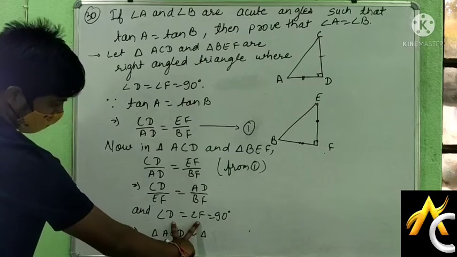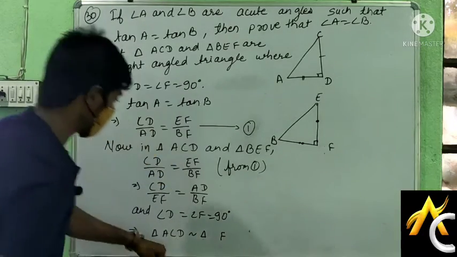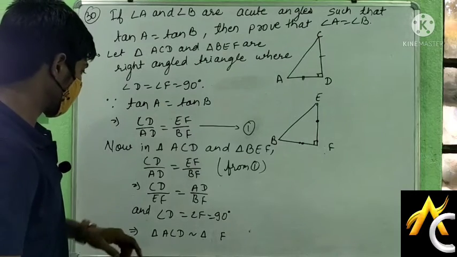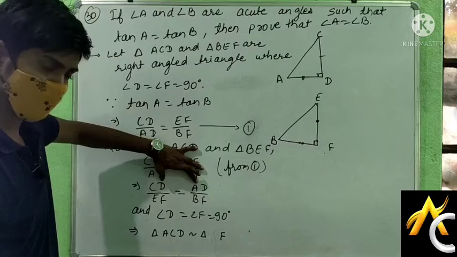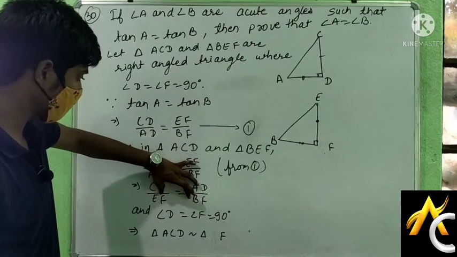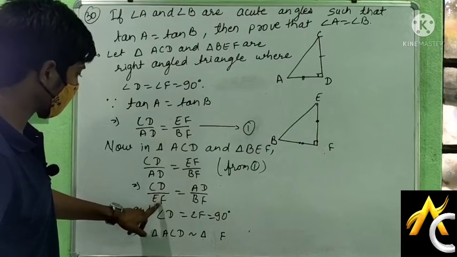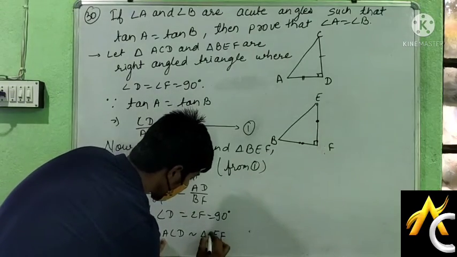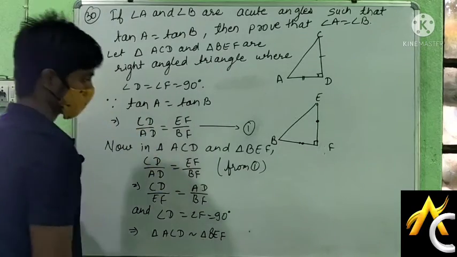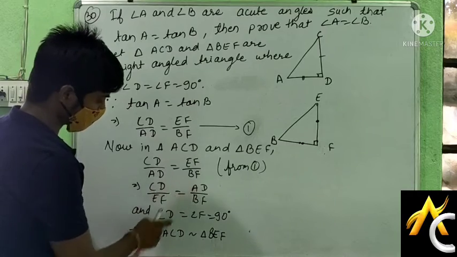Now angle F is equal to angle D, so we will write F in the position of D. Also by comparing, here D is common and here F is common, so D's position is taken by F, that is clear. If F came in place of D, then what will come in place of C? E. So it will be E here and remaining is B. Or we can write it as, if F came in place of D, then what will come in place of A?